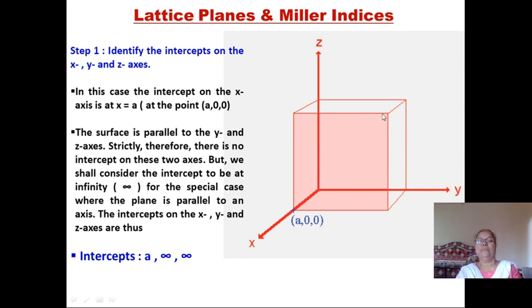This is a 100 plane. Here the side of this cube is 1 unit cube. If we consider side a, therefore this is an (a,0,0) plane, and its intercepts are a, infinity, infinity.